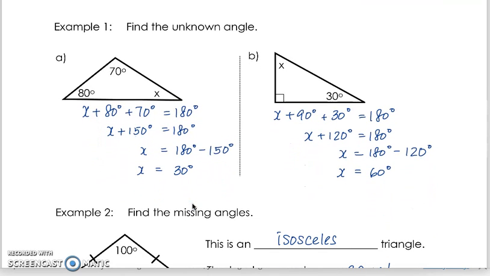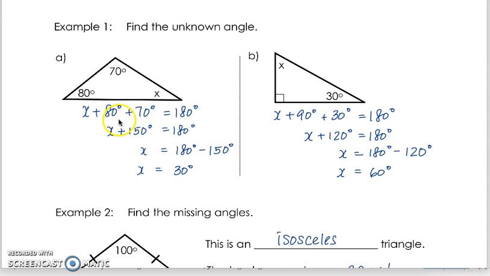Example 1. Find the unknown angle. So we will look for the size of the last angle in these diagrams. In question A, I have 80 degrees, 70 degrees, and X. Knowing that these three angles will add up to 180 degrees, I can set up an equation like this.